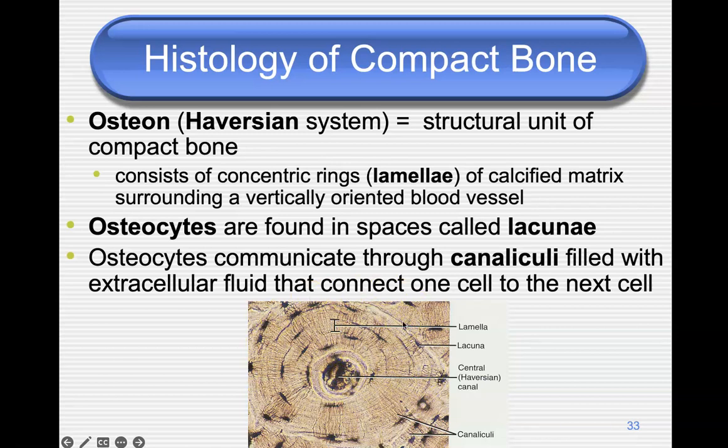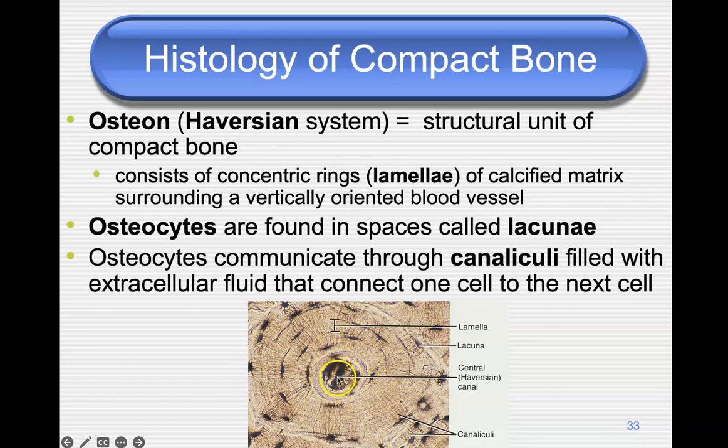And the reason that we have these osteon bone forming units, and I think this might help you understand why, is if you think about the fact that you have to transfer nutrients to all of these osteocytes. All these osteocytes are living cells, right? So they need nutrients coming from these blood vessels through the central canal.